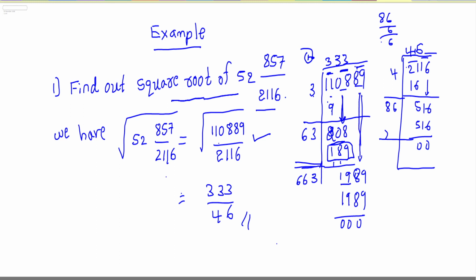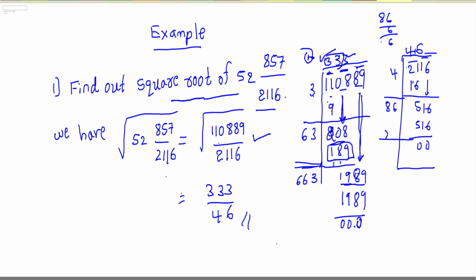Again you bring down the next period, it becomes 1989. Now the quotient is 33. You double it, that becomes 66. Again we annex the number, which is also the next digit of the quotient, so 663 into 3 becomes 1989, and you get 0. Therefore the square root of 110889 is 333.